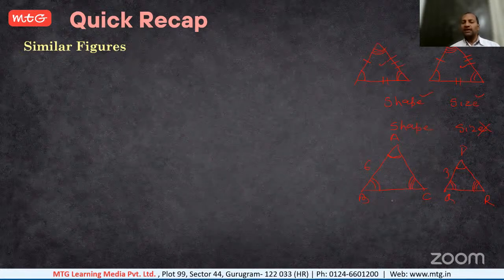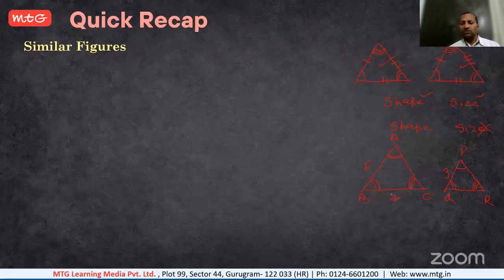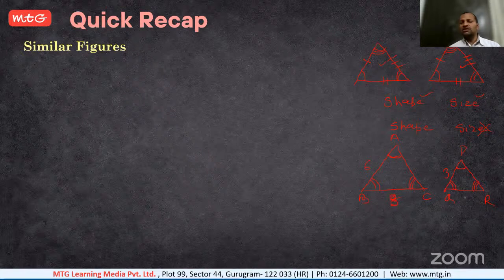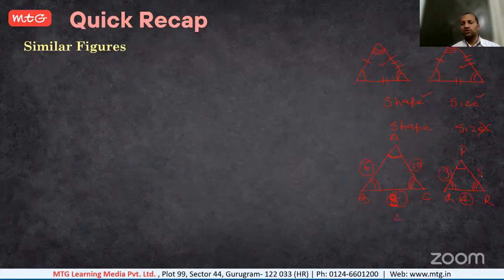If BC is 8, then this will be 4. Ratio is again 2:1. And if the third side is 10, then PR will be 5. So what we have seen, the ratio is constant, 2:1. Here also 2:1, and here also 2:1.